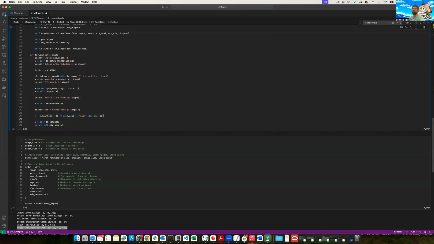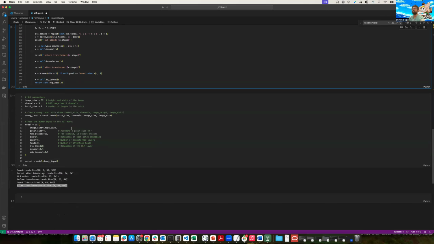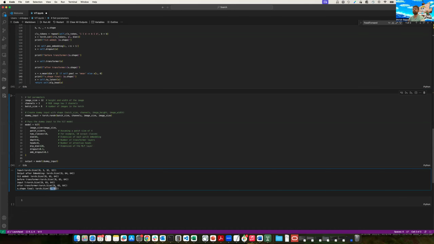We can either use the CLS token or across the last dimension of 64, we just take the average. We do mean pooling. So ultimately the final output will be 8 cross 64.